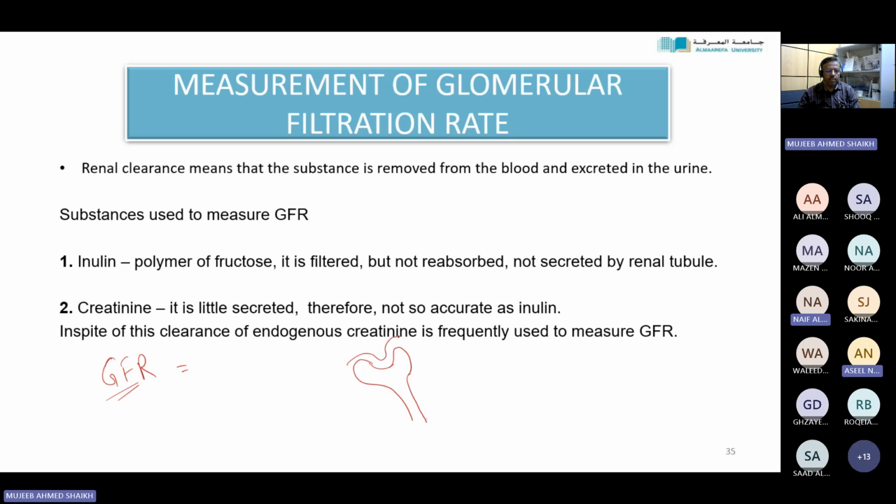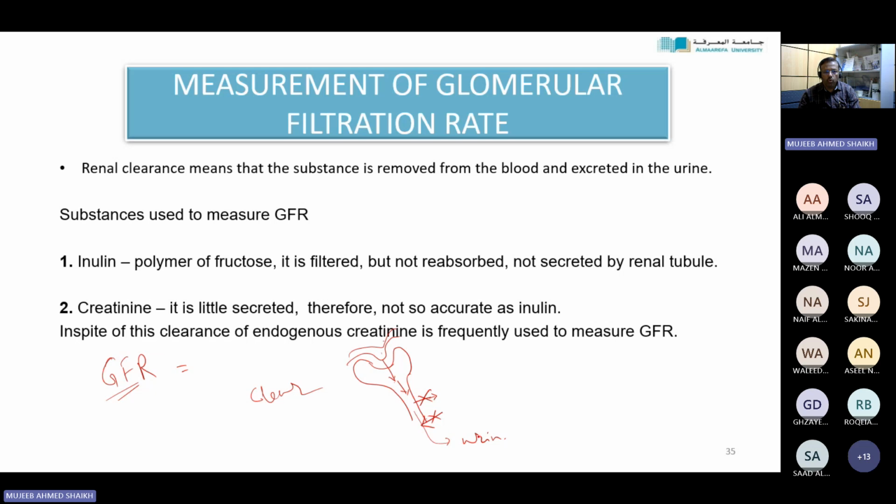Yes, if you remember the diagram, the clearance. Filtration means from here to here. So this is nothing but the clearance of any substance which is filtered but not absorbed and not secreted. So the same amount will come out into the urine.